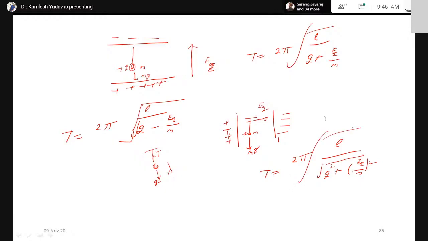Now, a simple pendulum is an ideal concept where we assume a point bob and a weightless, inextensible string, which is practically not possible. Therefore we are only considering the ideal condition.